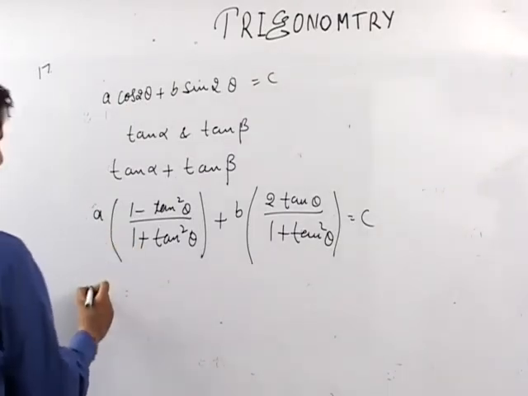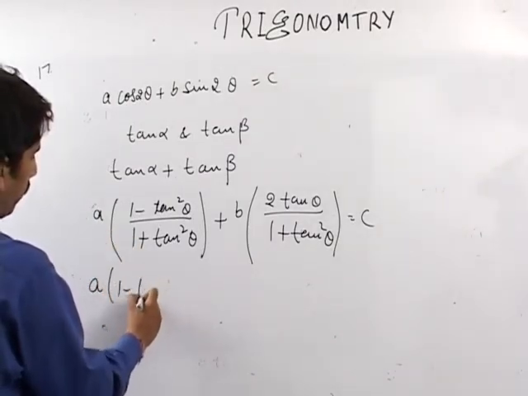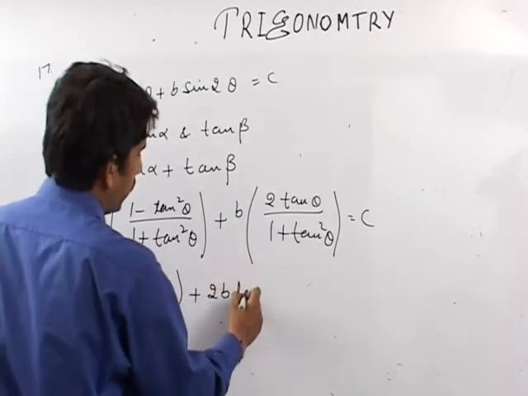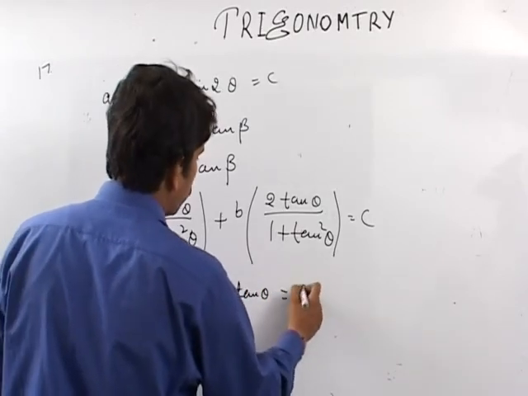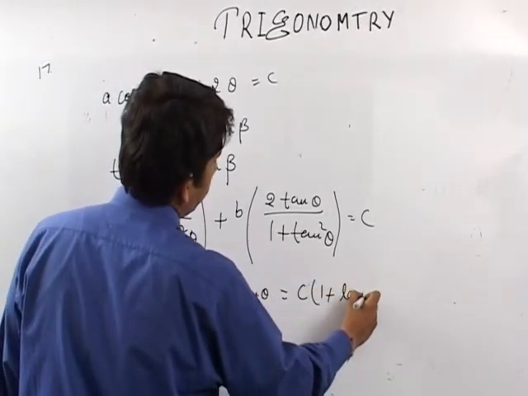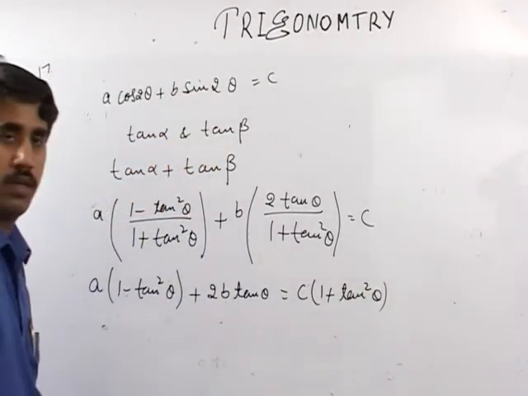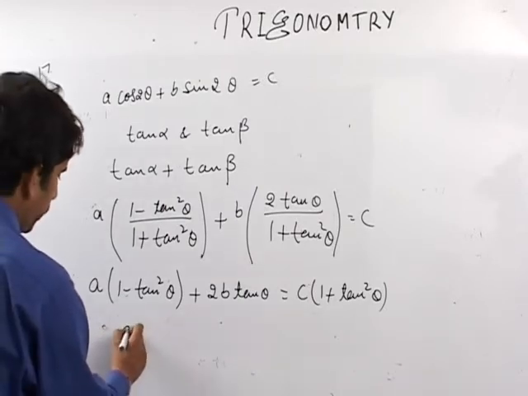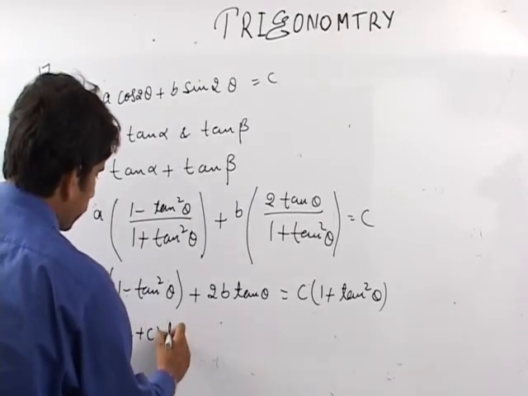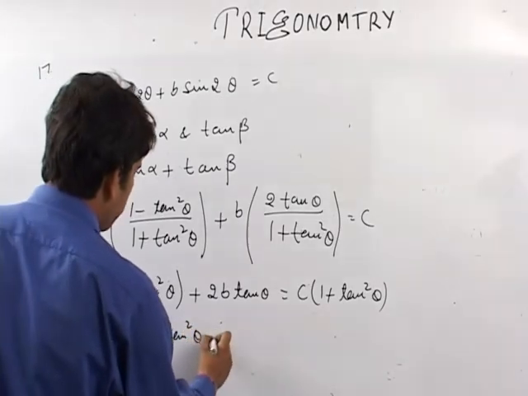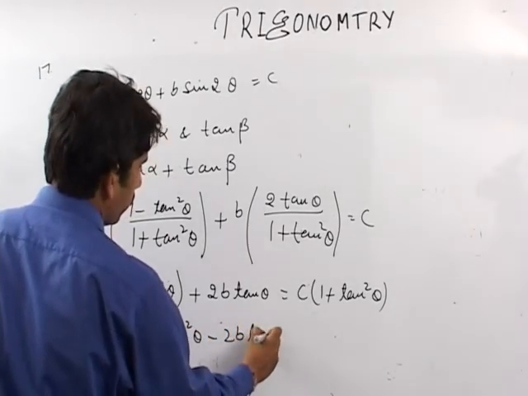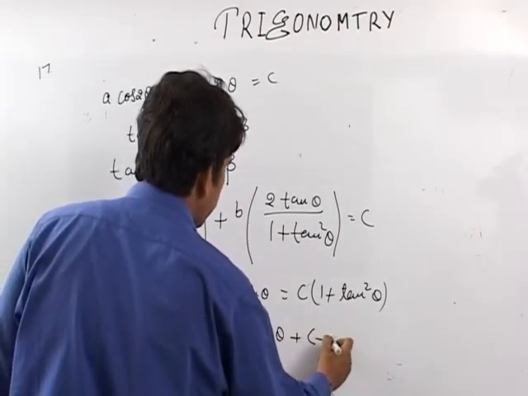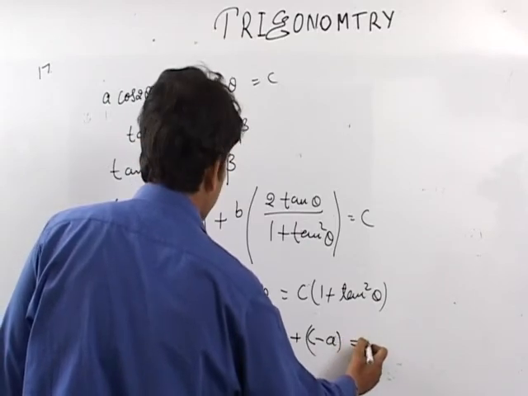Now when you take LCM, this will be equal to a(1 minus tan square theta) plus 2b tan theta is equal to c(1 plus tan square theta). Now if you arrange these values, then you will get (a plus c) tan square theta minus 2b tan theta plus (c minus a) is equal to 0.